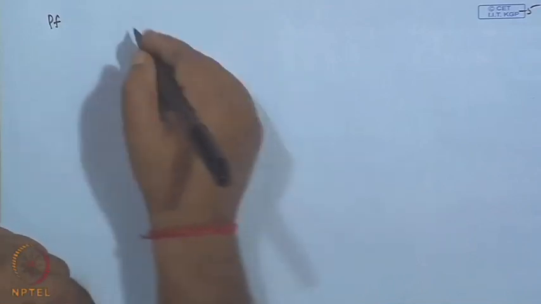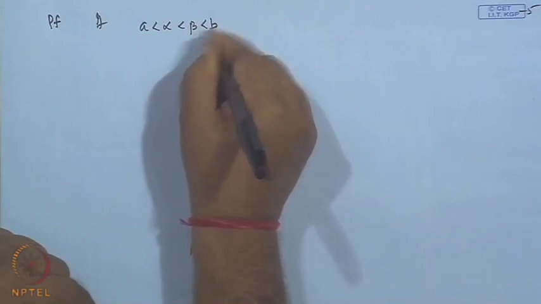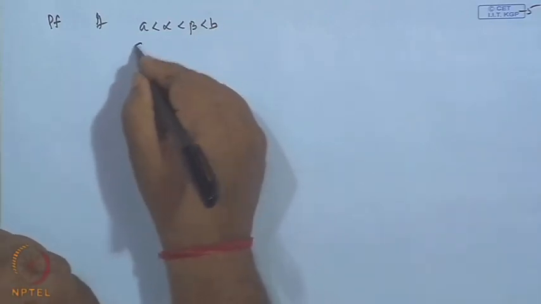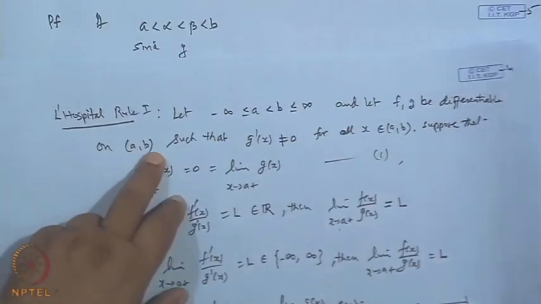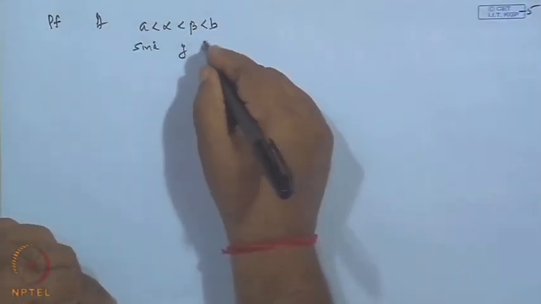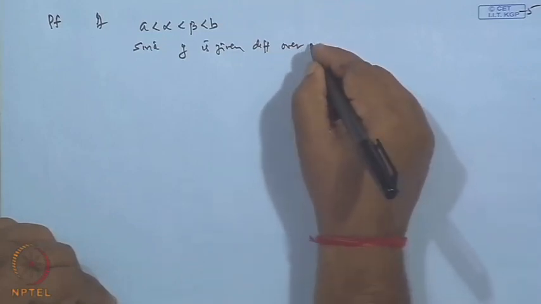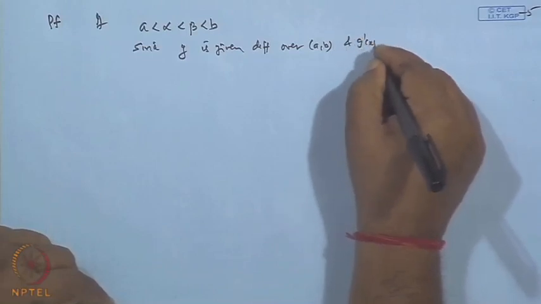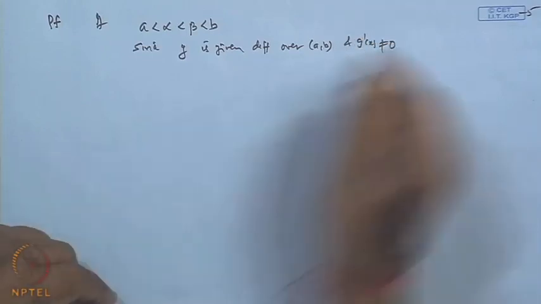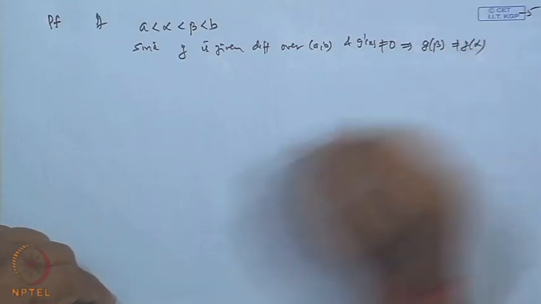Now, let us take alpha and beta lying between a and b. Since g is given to be differentiable over (a, b) and g prime x is not equal to 0, this automatically implies that g beta will be different from g alpha. Why?